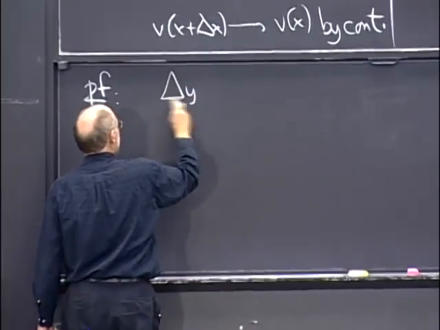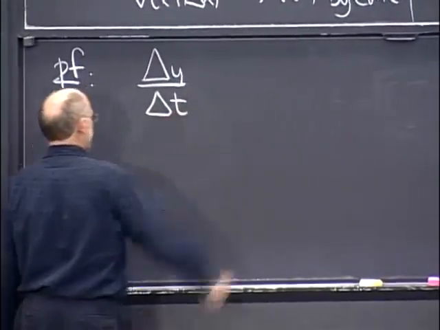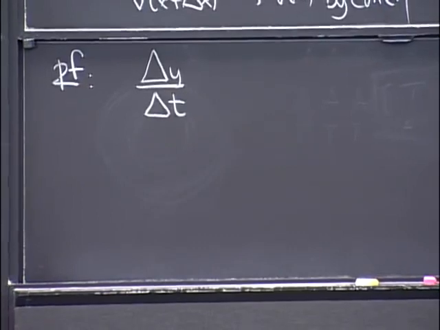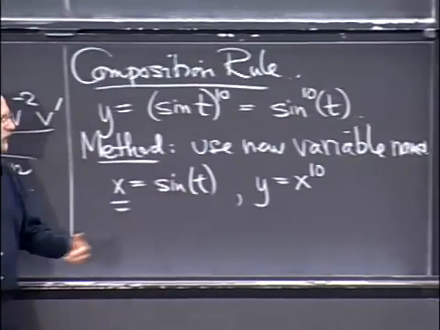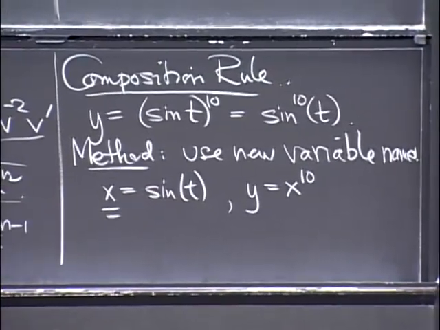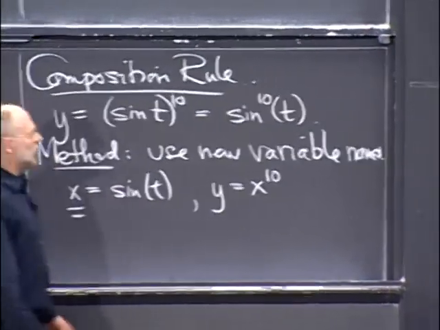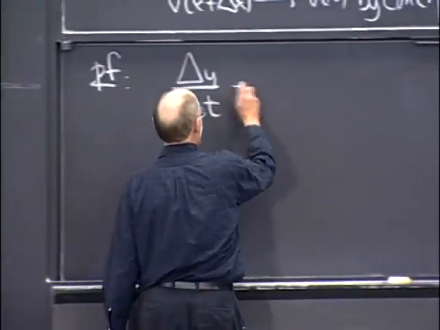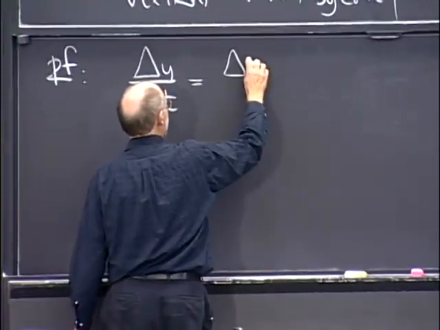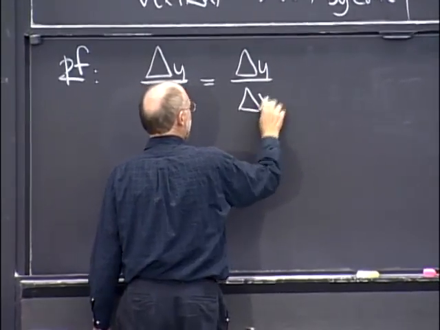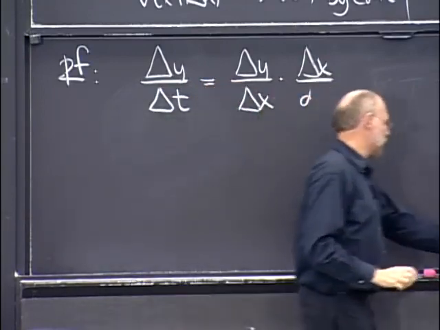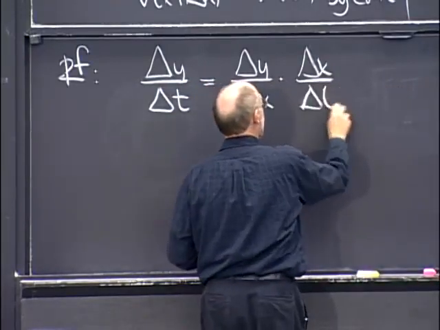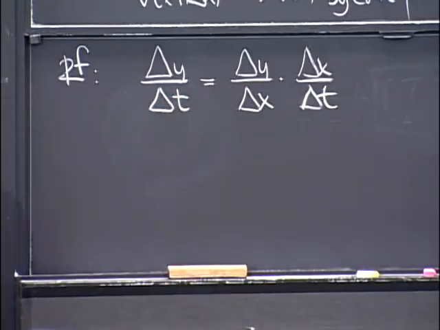I'm interested in delta y over delta t. y is a function of x is a function of t, and I'm interested in how y changes with respect to t, with respect to the original variable t. Well, because of that intermediate variable, I can write this as delta y divided by delta x times delta x divided by delta t. It cancels, right? The delta x cancels. The change in that intermediate variable cancels out.